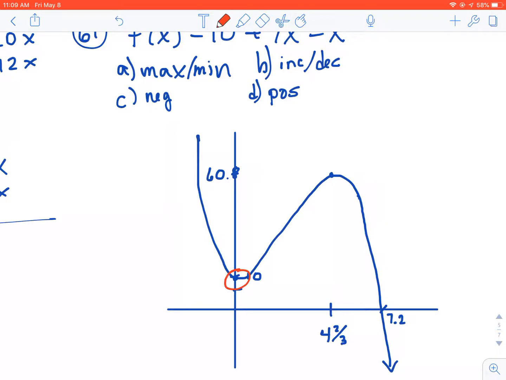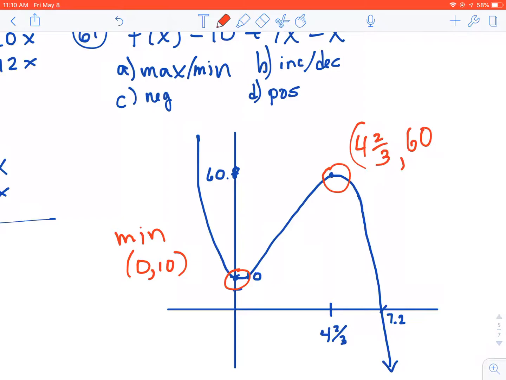So this was at 0, 10, so that is my relative minimum, and up here at the top, this is 4 2/3, or 4.66666, so 4 2/3, comma, 60.8. And that wasn't an obvious number, so I just wrote 60.8. And you can just round them, whatever.